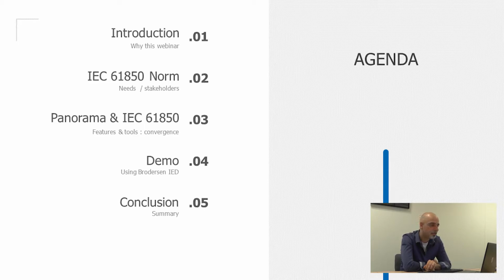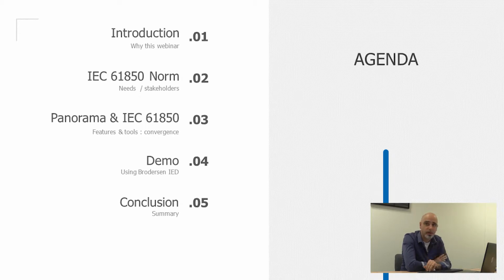Then we will see the synergy between Panorama and 61850 and why we decided to use the protocol natively. And also we are dealing with some features to illustrate the use within Panorama. So this will be the part of François. And of course, at the end, a short summary, a kind of reminder or rehearsal of the presentation.